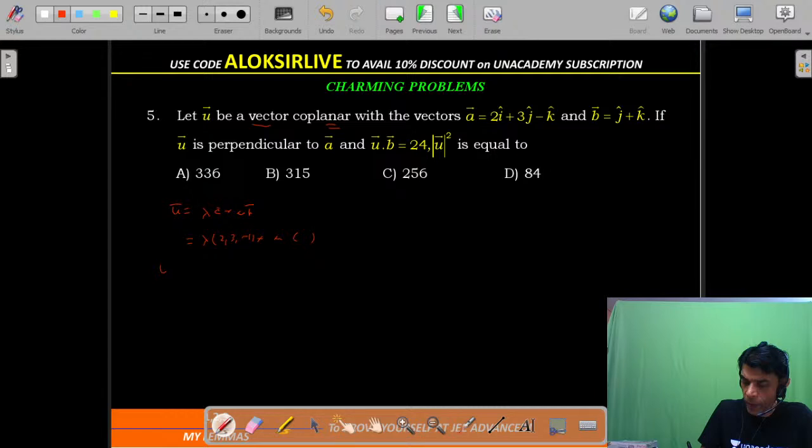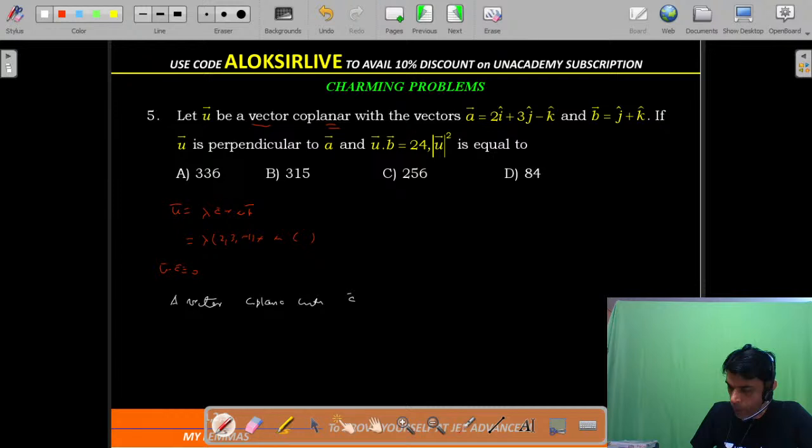But this is not recommended. What is recommended is this: directly you write that a vector coplanar with a and b and perpendicular to a is given by a cross b cross a.